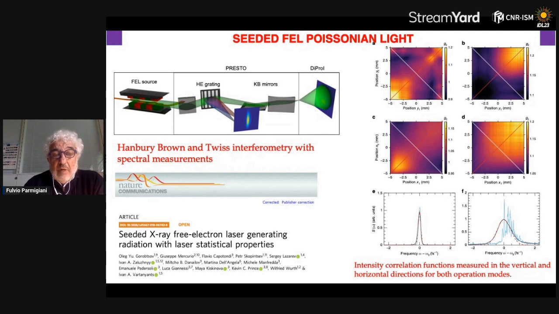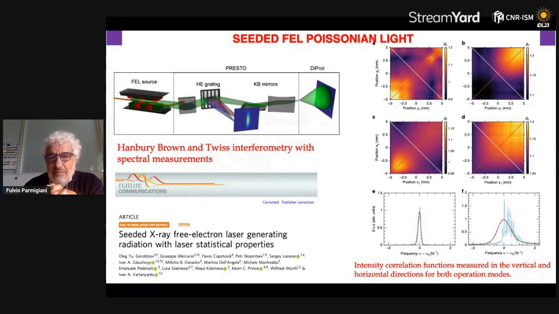And this measurement has been done using this optical scheme, where you can measure simultaneously the dispersion of the light, the spectrum of the light, if you like, and you can measure on a CCD detector the light that is spread on a significantly large detector, and you can measure the correlation between different points of this detector. That was, in my opinion, a quite interesting and smart experiment.